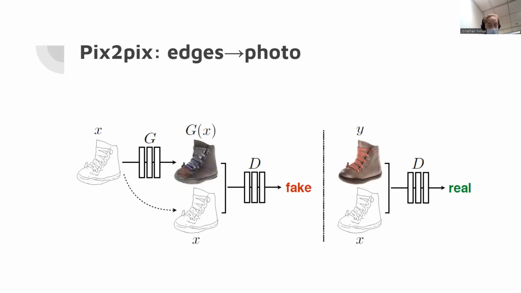In the diagram, you can see that the shoe has been generated, and thus hopefully the discriminator identifies that this is fake, and we can backpropagate such that both entities learn. Next slide.